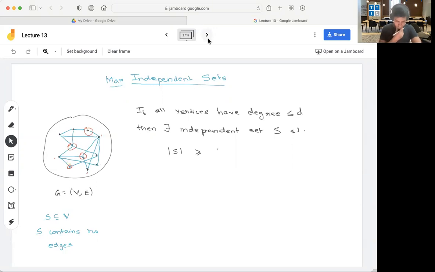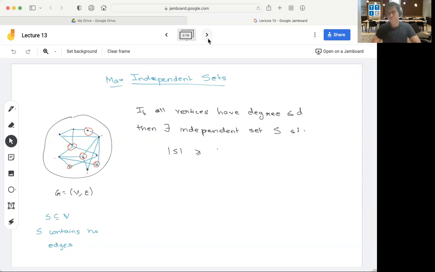And at this point, I don't think I can select any more vertices. I think maybe I can select this one. Okay, so I did find an independent set of size 5 in this graph with, let's see, I have 11 vertices.